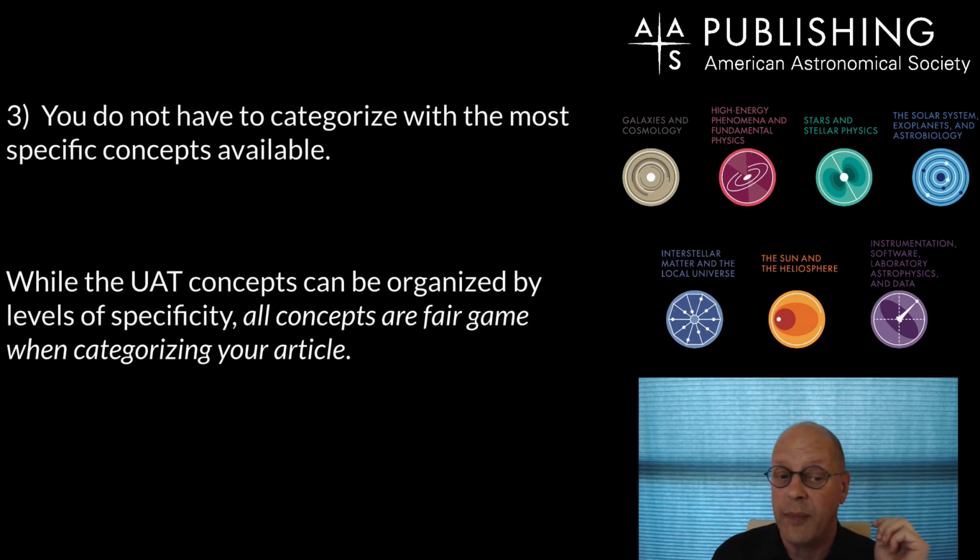Number 3, you do not have to categorize your keywords with the most specific concepts available. You can, but you don't have to. While all the UAT concepts can be organized by a level of specificity, all concepts are fair game when categorizing your article. You can go high concept, you can go very detailed concept.